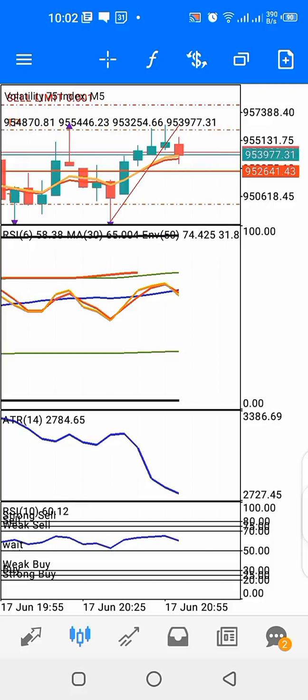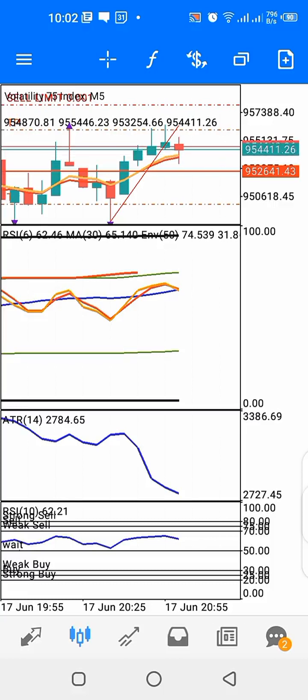So what I'm going to do is wait patiently and let price come to my trade entry level, which is around 952,641.43. Currently I have a breakout, but I do not want a fake out. A fake out occurs when you have a breakout but price reverses almost immediately, leaving your trade hanging without profit and creating a drawdown on your account.